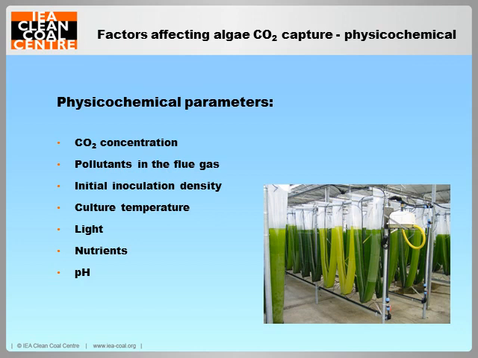The NOx, SOx, and some heavy metals in the flue gas also influence algae's growth, but the effect is still not fully understood. Some researchers have found that NOx, SOx, and trace elements can act as nutrients for the algae, while others have found them toxic.